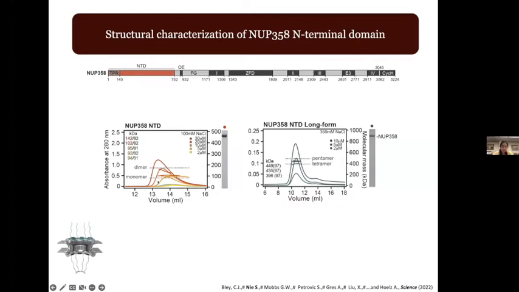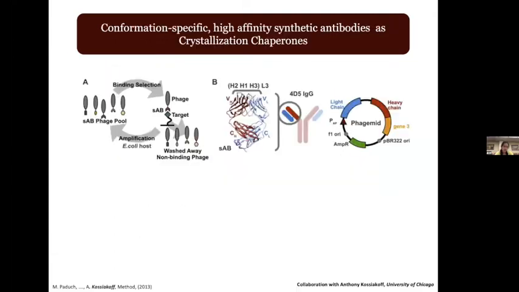With this protein, we started crystallization for structure determination. But after extensive efforts, we didn't see any crystals. So we decided to use a synthetic antibody as a crystal chaperone. We collaborated with a lab at the University of Chicago.